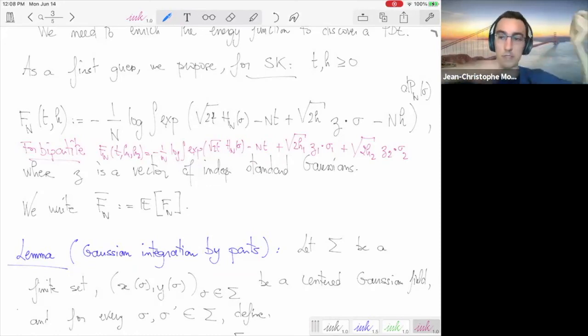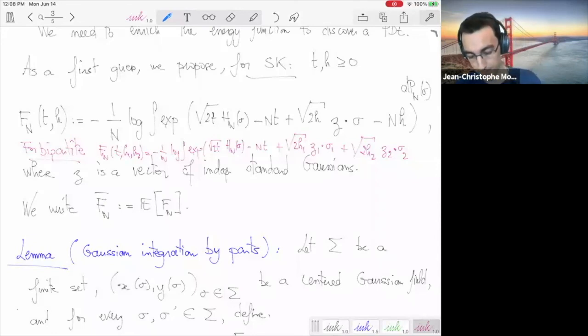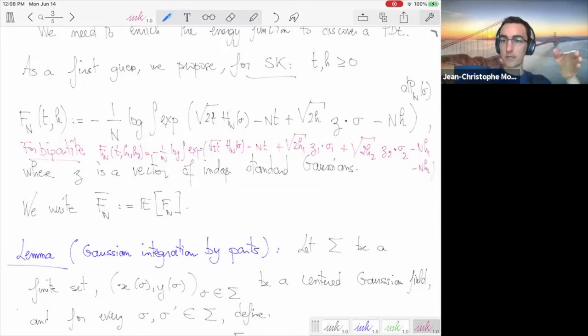So I want to decouple the two. So I have H1 and H2 in the bipartite case, and Z1 and Z2 are again vectors of n independent standard Gaussians, independent of each other and independent of the energy Hn.